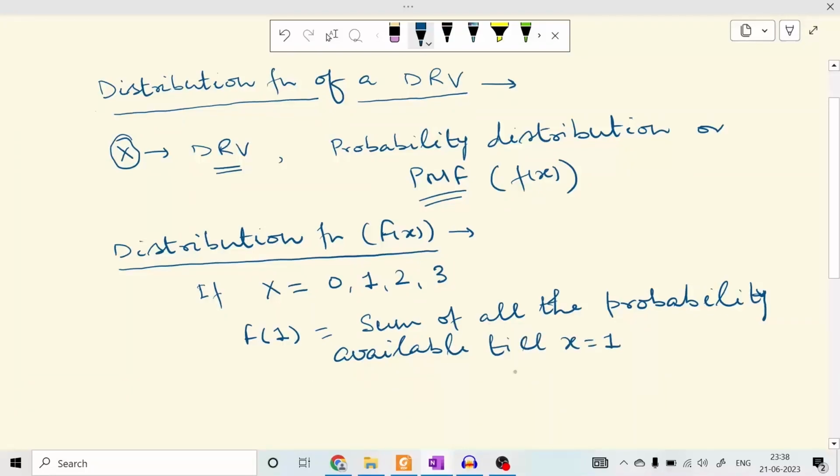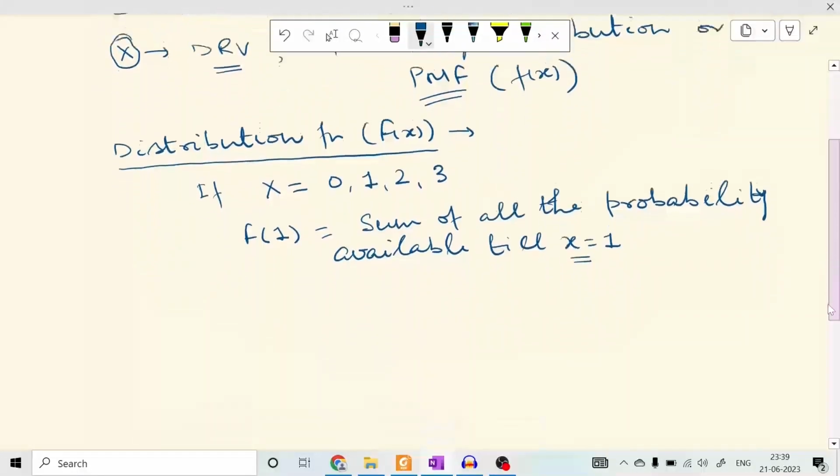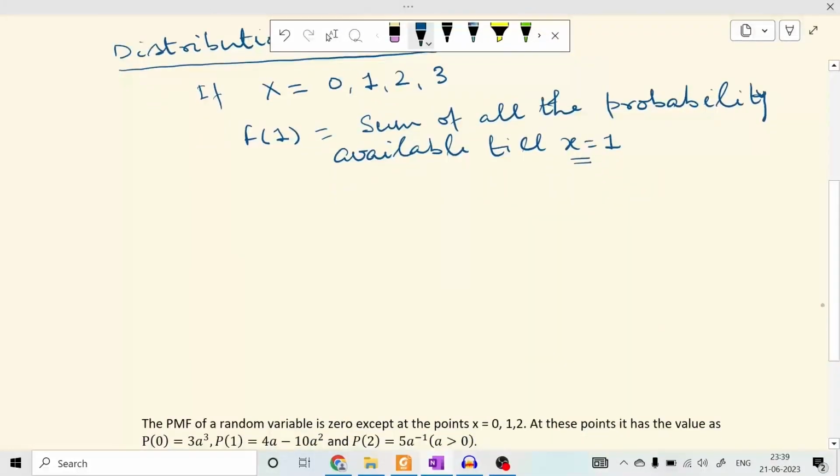So it will add all the probabilities available till x equals 1. This is how we can find the value of this distribution function at some given value of x.